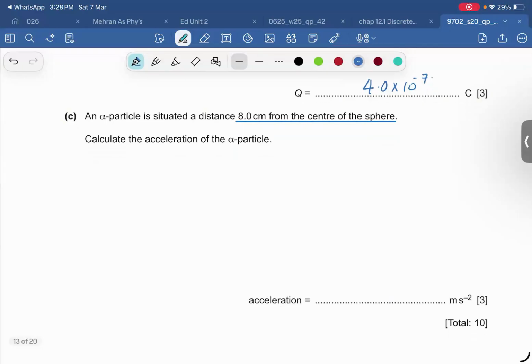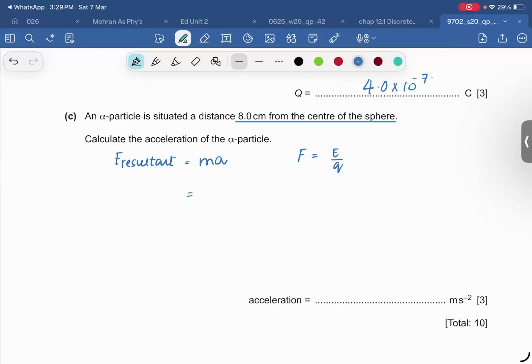Basically, the resultant force equals ma, and over here the resultant force is only in the form of electric force.